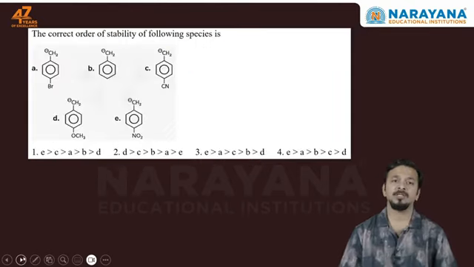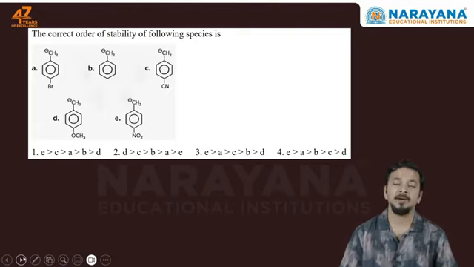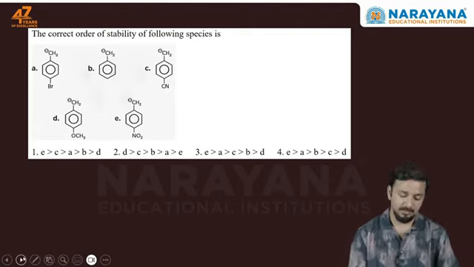The next question is regarding the stability of the following species. So they have given us carbanions and they're asking us the stability order of carbanions.